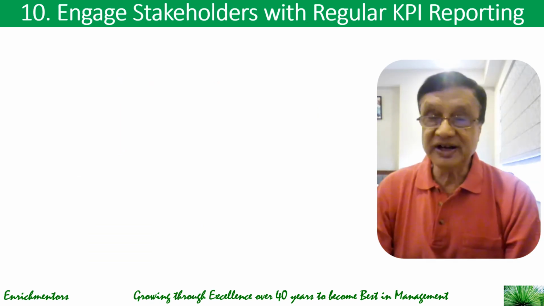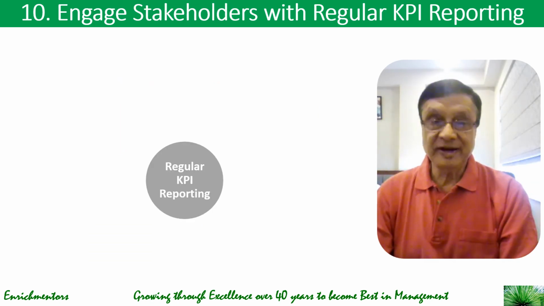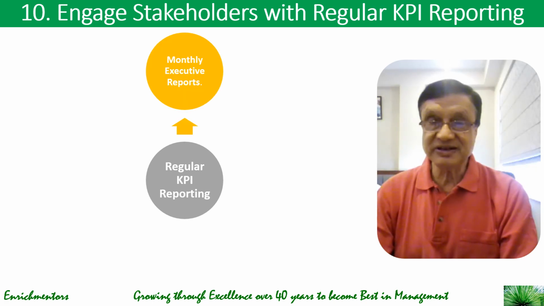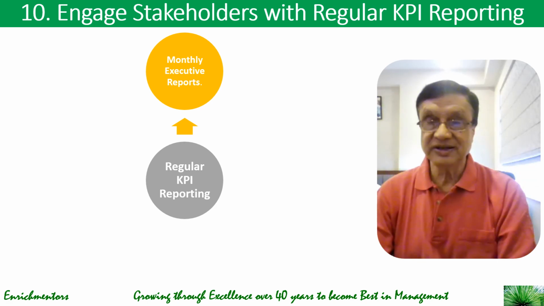Engage stakeholders with regular KPI reporting, right? There you could do a couple of things. Share high-level KPI summaries with leadership and key stakeholders each month. Highlight trends, areas of improvement, and corrective actions taken.